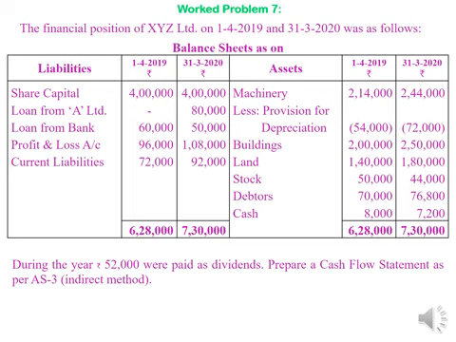Coming on to asset side, machinery is given as 2,14,000 and 2,44,000. It is also showing increasing trend, but depreciation provision is also shown here in the negative values like 54,000 and 72,000. In such a case, machinery, or any other asset, is given at cost. If provision for depreciation is also given along with the values of assets, we should consider cost values while preparing the ledger account of that asset.